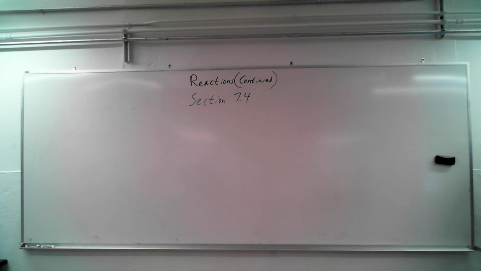So if you look at 7.4, it takes you through a process, and it's kind of the way I do it. Most of the phrasing for these types of questions come down to, given the amount of one of the things that's there, how much of another thing that's there gets produced or is needed.